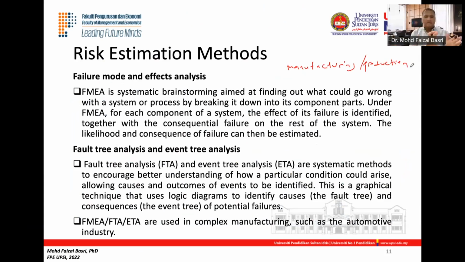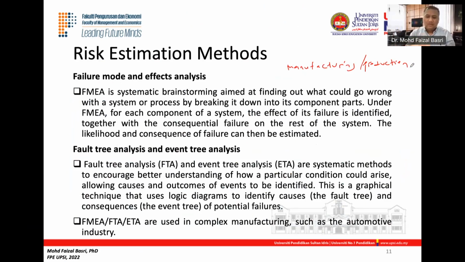Because their process is a production approach, and one failure in the production can cause failures to the next one. It will be impacted from one process to the following process. So therefore, this kind of approach is really important to see in which particular areas have different types of risk involved.